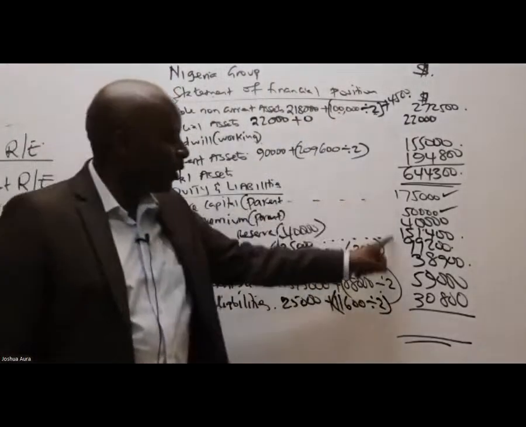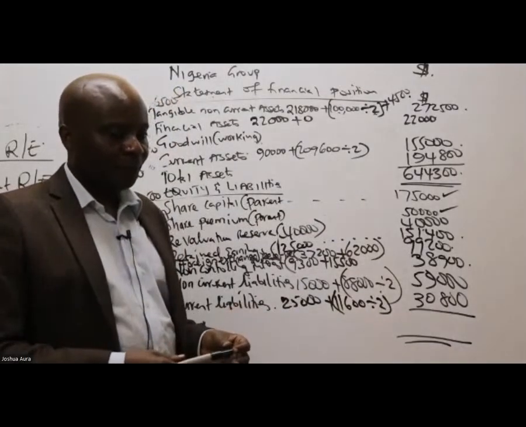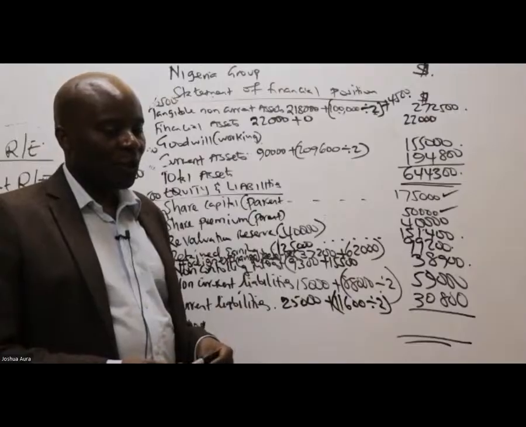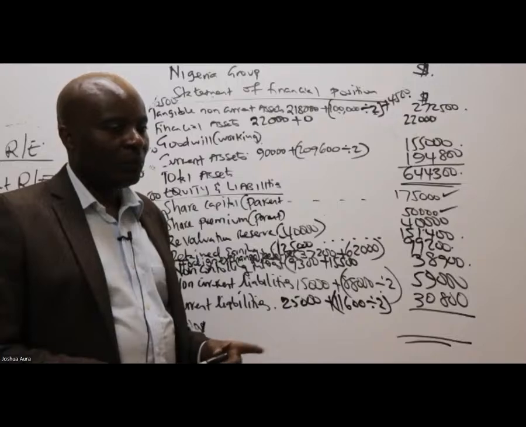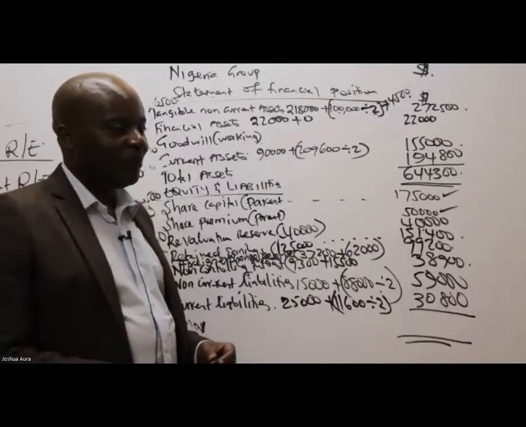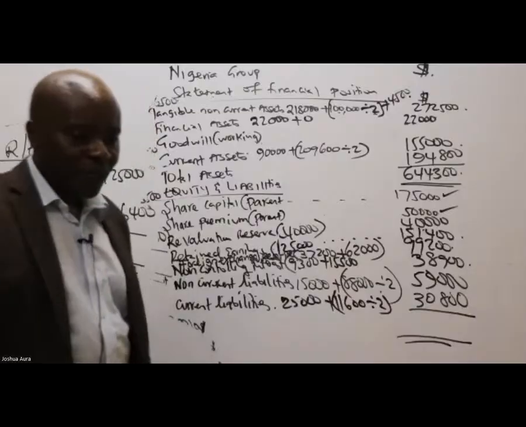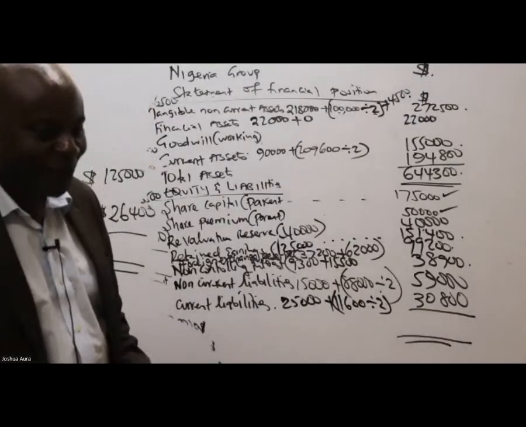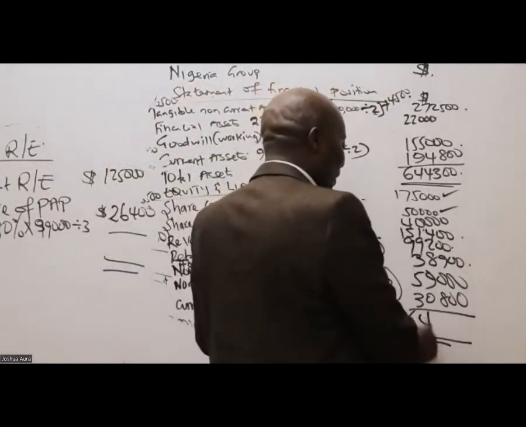You add everything now. 611, 644, 300. 644, 300 should be exact.